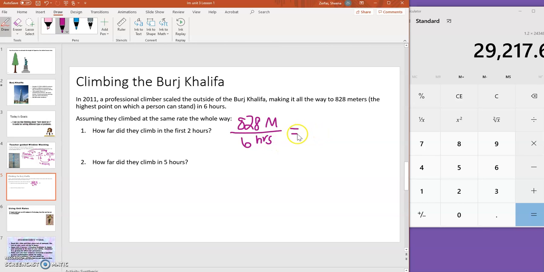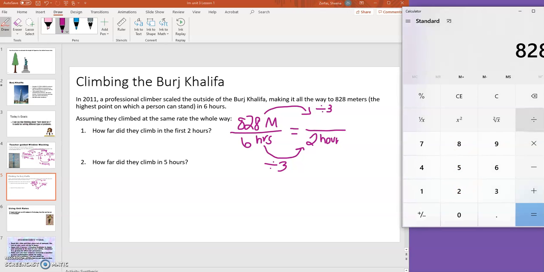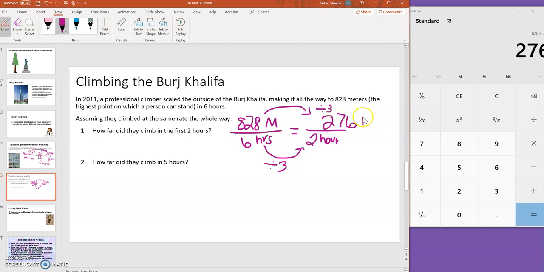Setting this up just like we had with a ratio, we can see we can solve this one without finding a unit rate, because 6 divided by 3 will give me 2, and so I can divide 828 by 3 as well. On a calculator, I find it takes a total distance of 276 meters.